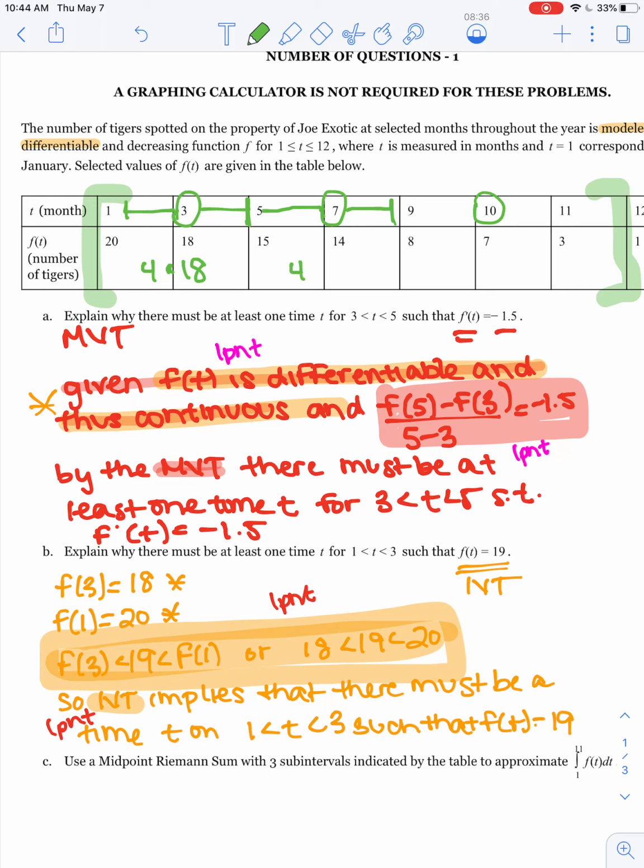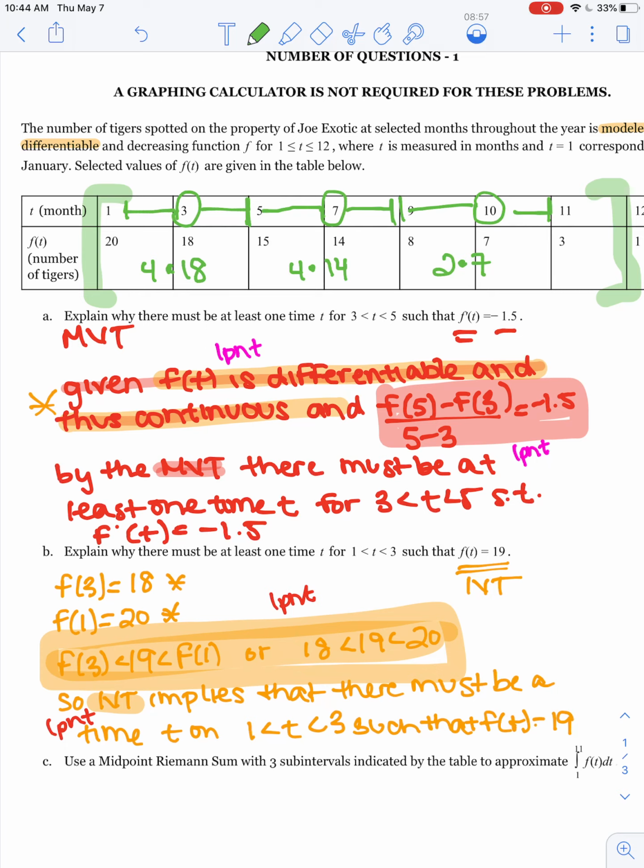The time that's changing is from 3 to 7, so we have a width of 4 and then a height of f of 7, so 14. Our last rectangle would have a width of 2 and a height of f of 10, or 7.